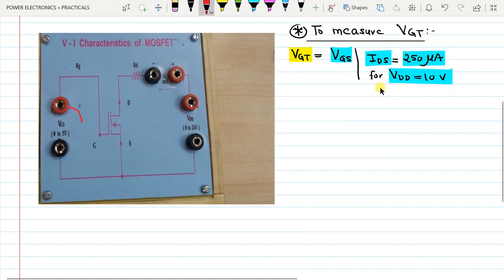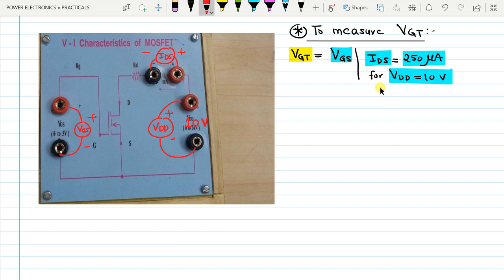Here is our VGS meter, here is my VDD meter, and here I have to keep it as 10 volts, and here is my IDS meter.